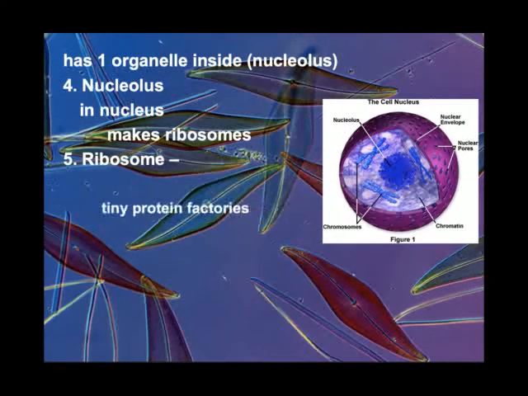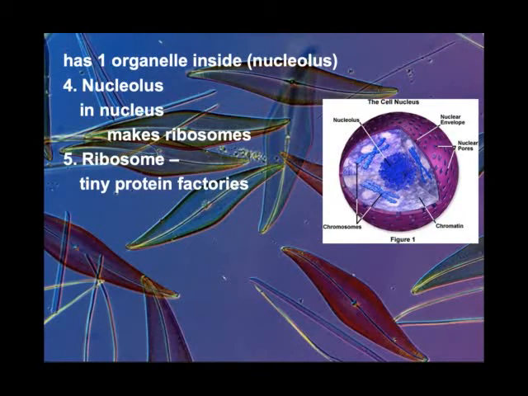Ribosomes are little protein factories. They usually leave the nucleus and go out into the cytoplasm, or they'll hang on to another structure called the endoplasmic reticulum. Ribosomes are made of a nucleic acid called RNA, and it winds around a kind of protein spool.